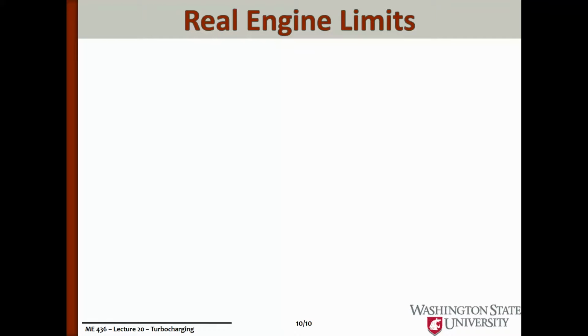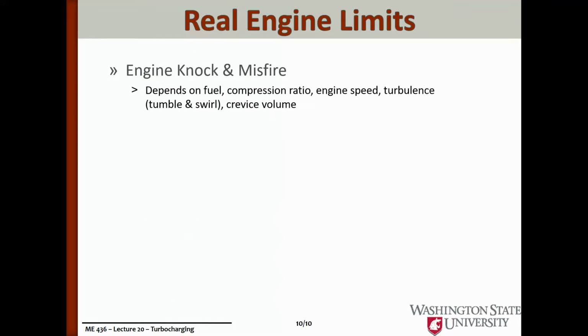All of these led to some real engine limits that we've discussed. We talked about engine knock and misfire. Engine knock occurring at typically low RPM when you have enough time for that homogeneous ignition to occur. Misfire occurs, generally speaking, at higher RPMs, and you're not getting the right air-to-fuel ratio into each cylinder.